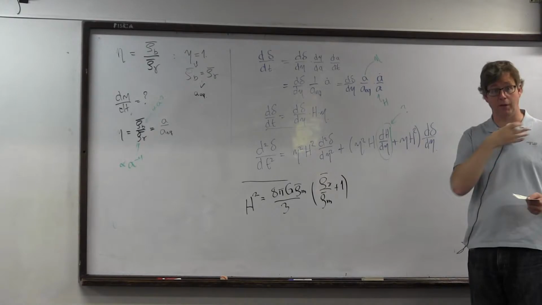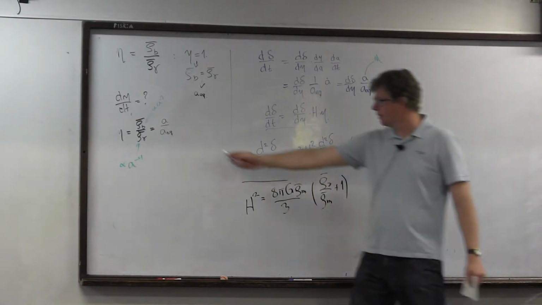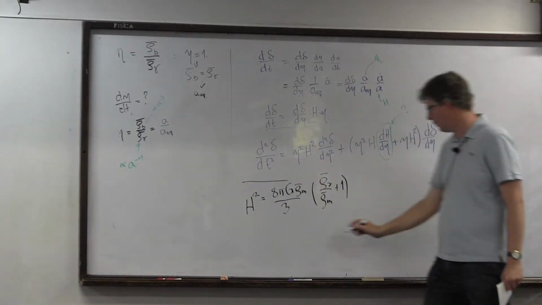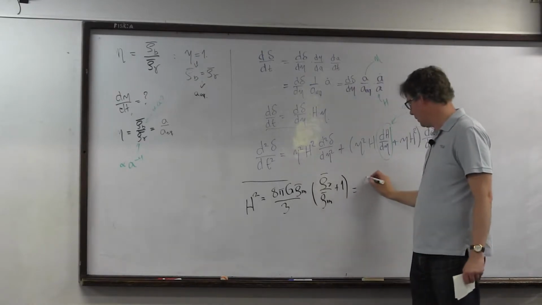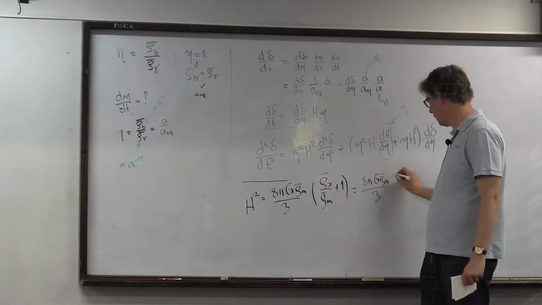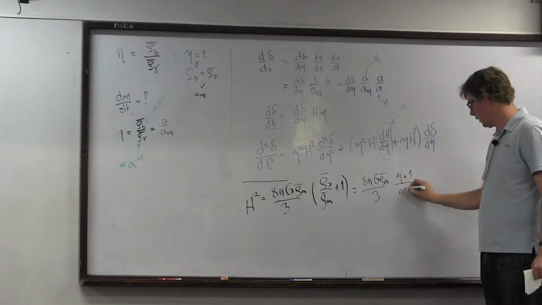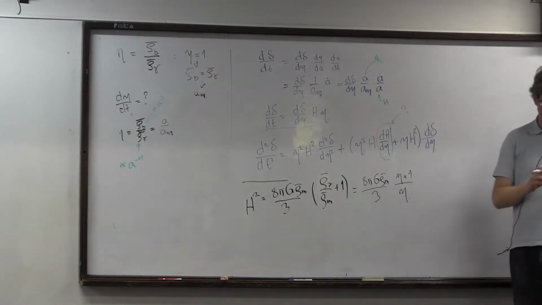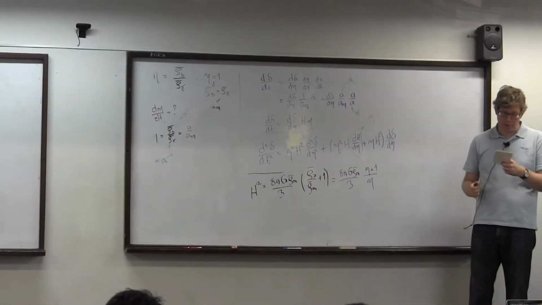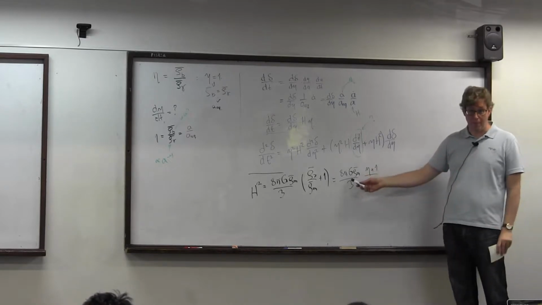So you see what I've done is I just take rho matter outside, and this is of course 1 over eta. Okay, so that's now 8 pi G rho m over 3, and then it's eta plus 1 over eta. So now it's a lot nicer, and you can solve this now for rho m.